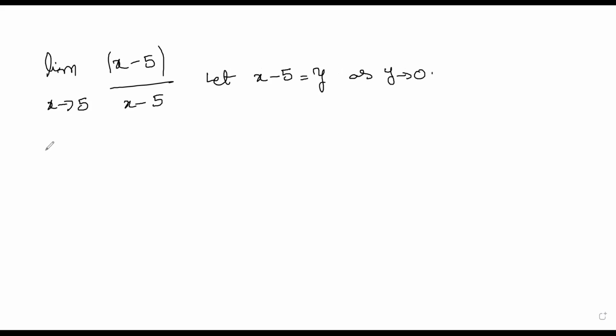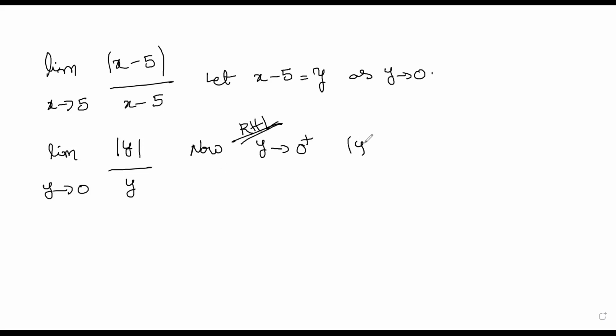Now your problem simplifies to the limit as y tends to 0 of mod y divided by y. Understood? I am substituting x minus 5 as y, so y tends to 0. Now y tends to 0 plus for RHL.